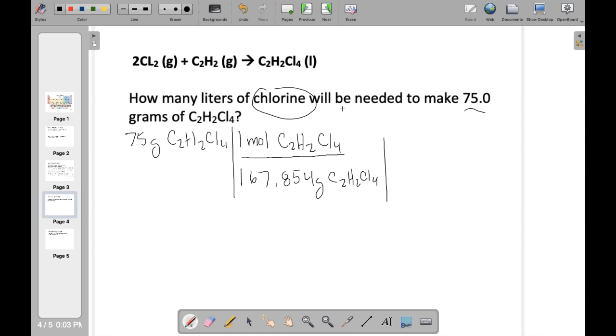Okay, let's do our molar ratio. This is 1. Yet again, remember, make sure these are always balanced. This was already balanced, but don't forget that step. And I'm going for liters of chlorine. So 1 to 2.